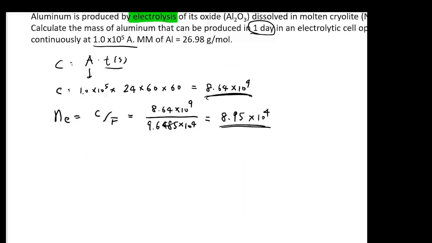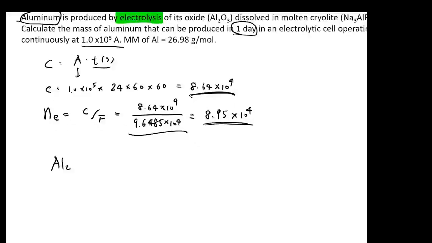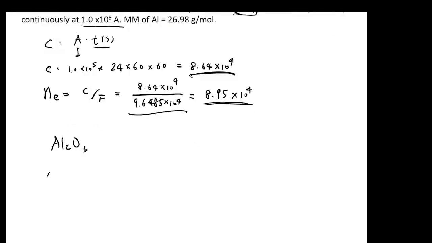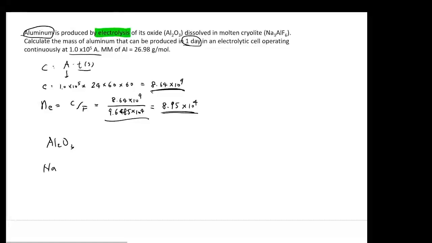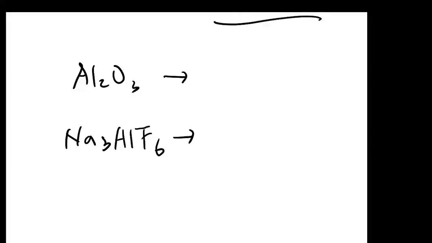The next thing is you want to know what the product is. The product of this reaction is aluminum. Here you have Al2O3, and you have Na3AlF6. So you want to see what the charged species is originally.